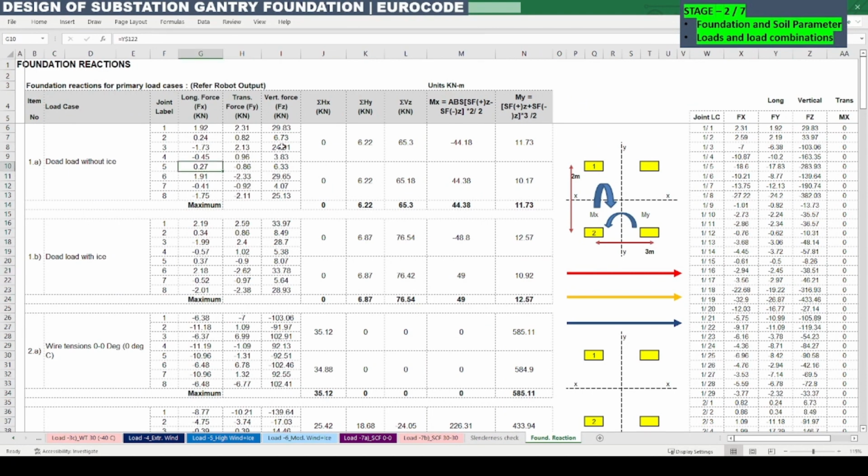So now we will calculate how to find the total forces and total moment for the foundation. You can see these pictures on the right hand side. So these 4 grid points 1, 2, 3 and 4 are the pedestals or main legs.